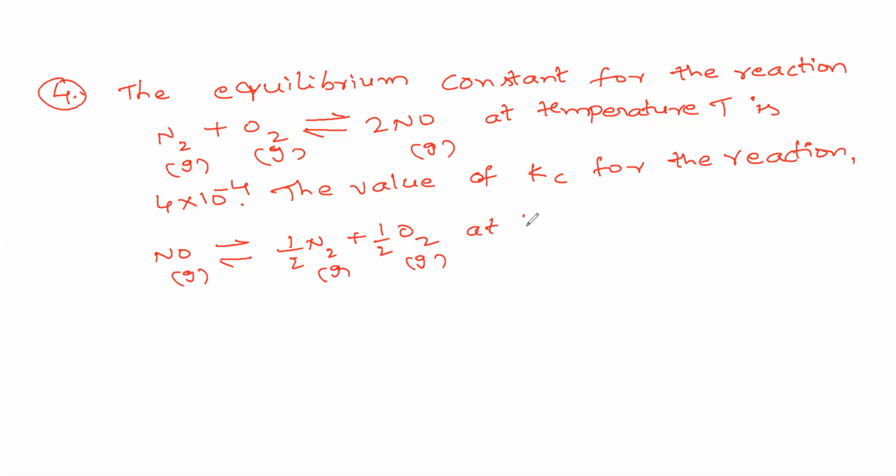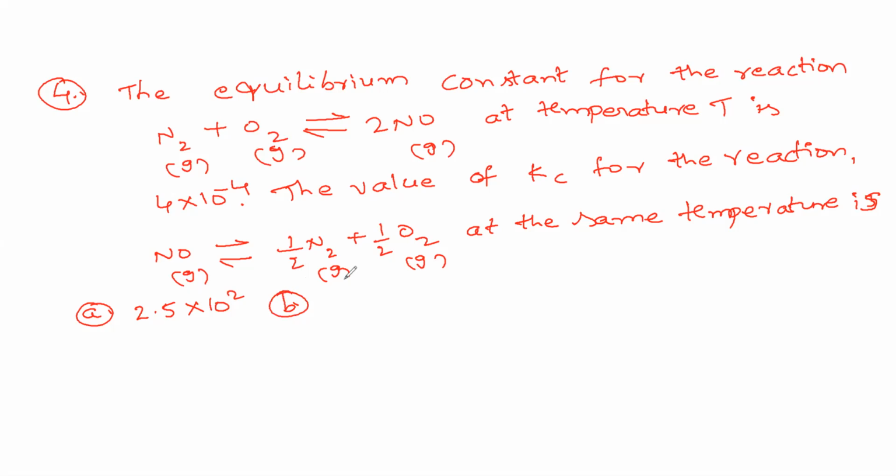Option A, 2.5 into 10 to the power of 2. Option B, 0.02. Option C, 4 into 10 to the power of minus 4. Option D is equal to 50.